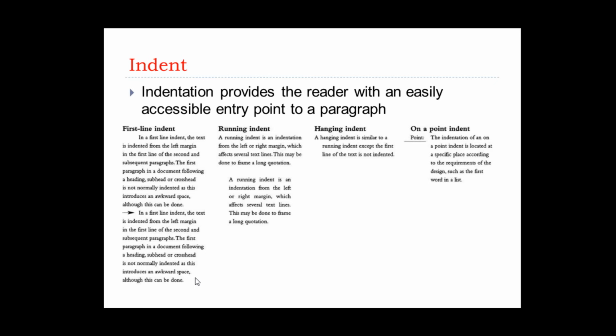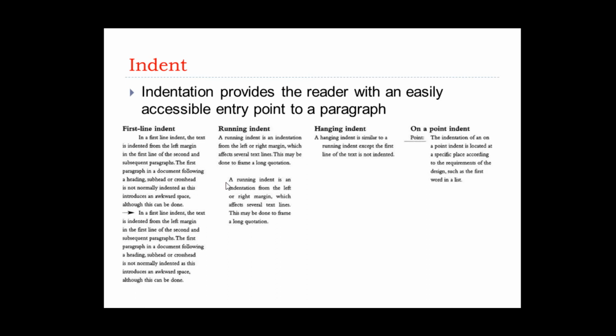It can be done, but it is not normally done because it creates an awkward feeling. So, in first line indent, the text is indented from the left margin in the first line of the second and subsequent paragraphs.